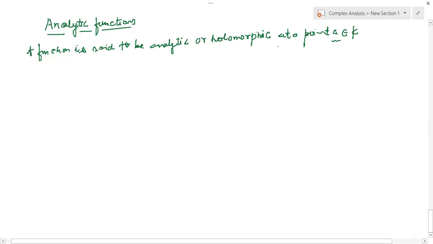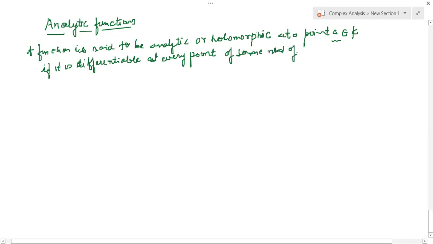if it is differentiable not only at this point, but also in some neighborhood of A. So if it is differentiable at every point of some neighborhood of A. What I want to convey is that when I was talking about differentiability, I was only concerned about a point.